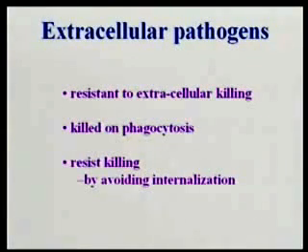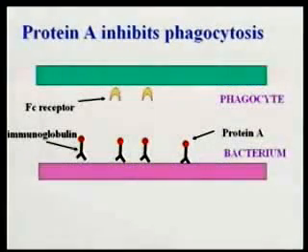But they've avoided being taken up by polymorphonuclear cells and macrophages. Indeed, as these particular types of organisms are taken up by phagocytes, polymorphonuclear cells or macrophages, they're usually killed because that's not where they want to be.